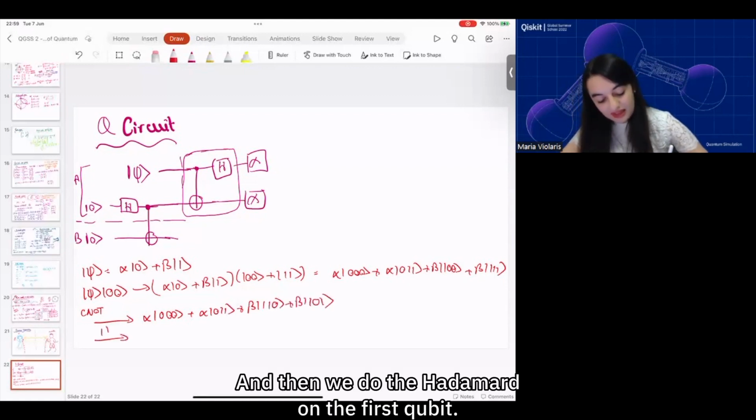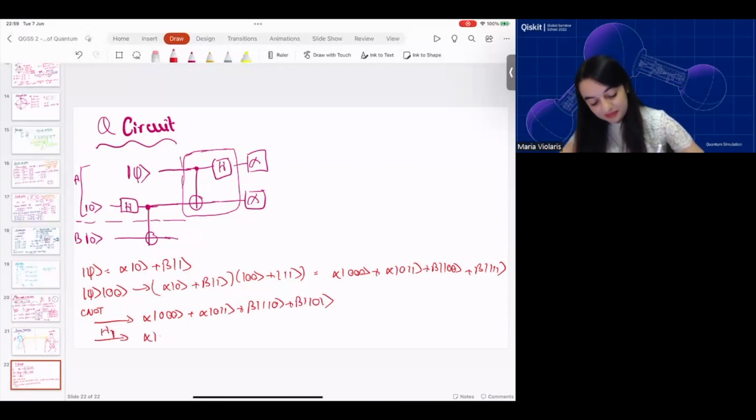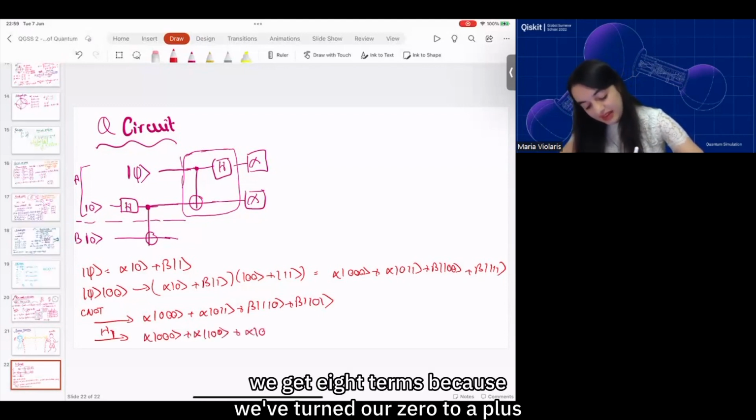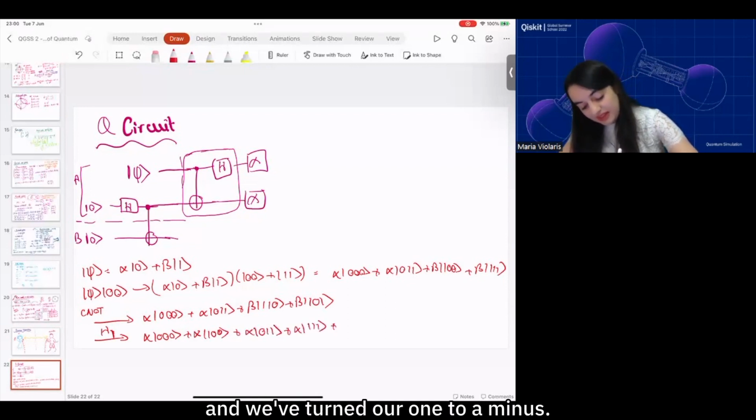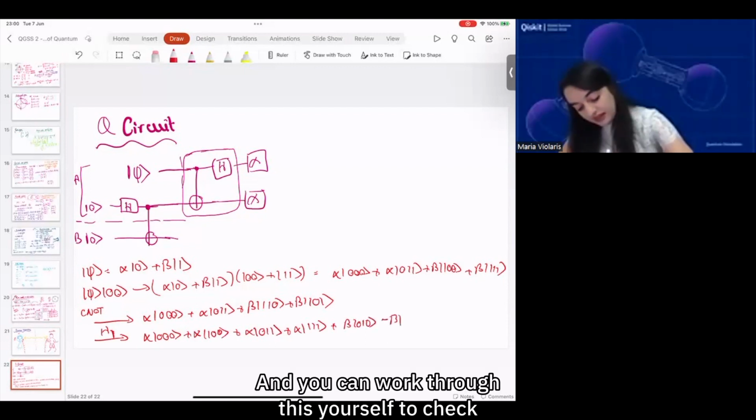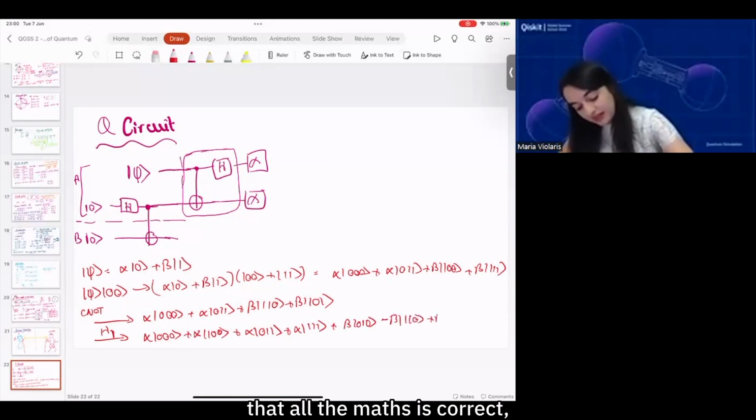And then we do the Hadamard on the first qubit. And writing this out, we get 8 terms because we've turned our 0 to a plus and we've turned our 1 to a minus. And you can work through this yourself to check that all the maths is correct.